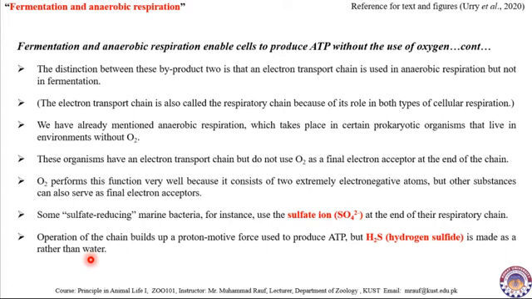In aerobic respiration, oxygen finally accepts electrons, then combines with two hydrogen atoms and forms water. But in anaerobes, where sulfate ion acts as the final acceptor of electrons, it ultimately forms hydrogen sulfide.